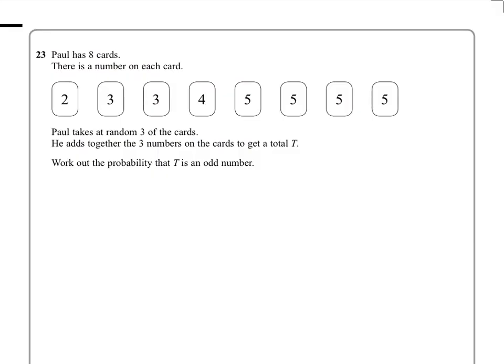Well, in this question it says Paul takes at random 3 of the cards, he adds together the three numbers on the cards to get a total. Work out the probability that that total is an odd number. Well, if you have three cards, the only way of getting an odd number, I would say, would be the following.